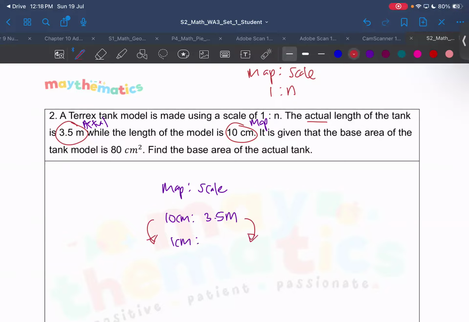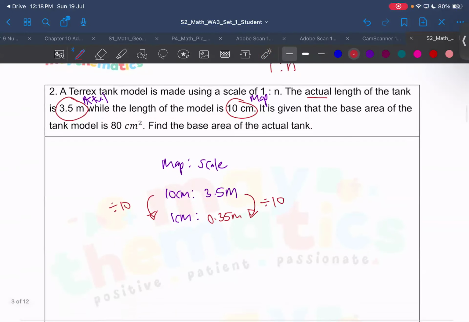Hey, Shinmei, what do I need to do? Right, divide by 10. Okay, take note, please write your units because right now I have cm and meters. If you don't write units, you will not know which conversion to do later. Can? So now, I want to find the area of the actual tank, but I'm given that the map area is 80 cm squared.